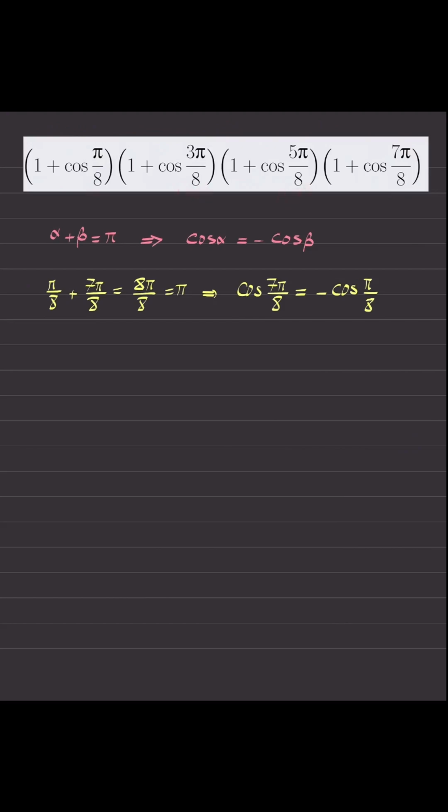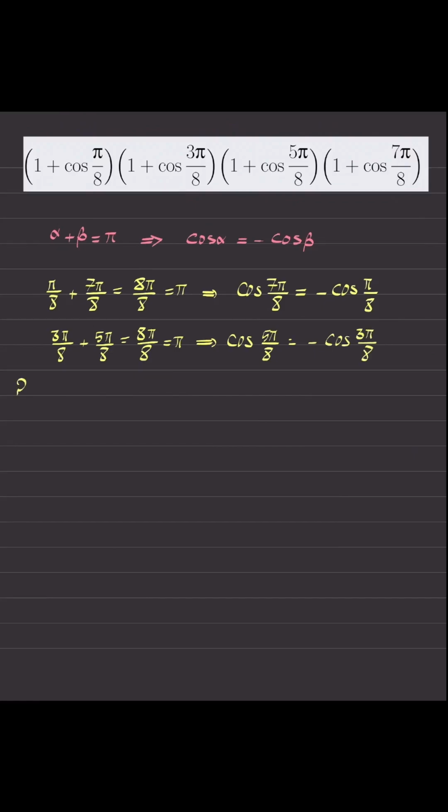So we know that 3 pi over 8 plus 5 pi over 8 is also 8 pi over 8, which is again pi. So cosine of 5 pi over 8 can be written as minus cosine of 3 pi over 8.